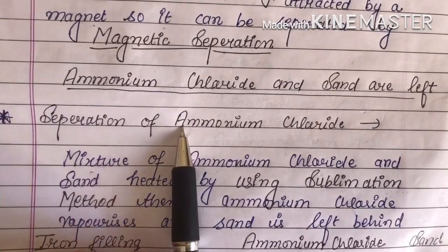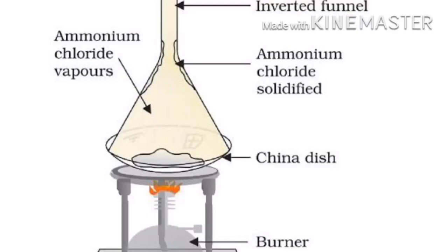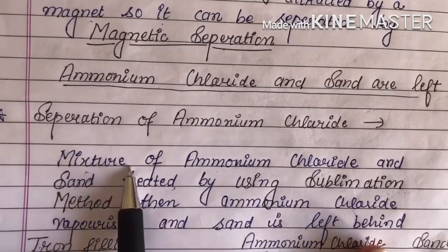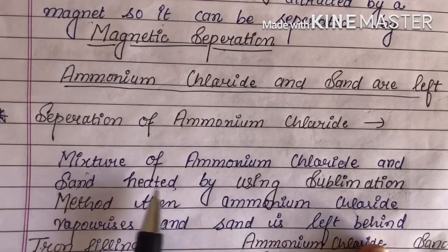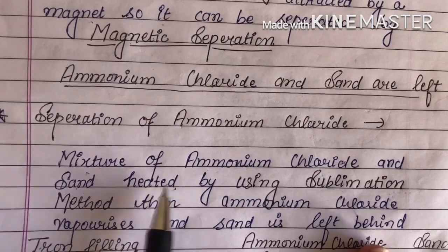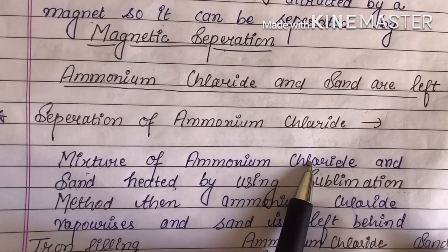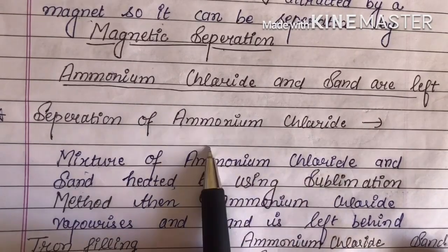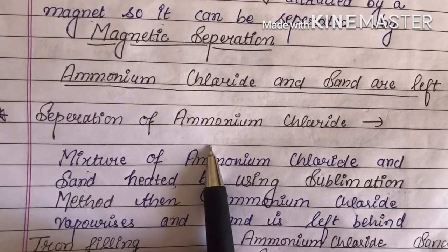For this we use the sublimation method, in which the solid directly changes into the vapor state without passing through the liquid state. So the mixture of ammonium chloride and sand is heated. Ammonium chloride is present in solid form, and in the sublimation method the solid changes into the vapor state without passing through the liquid state.